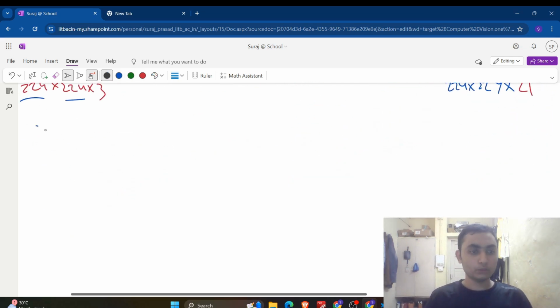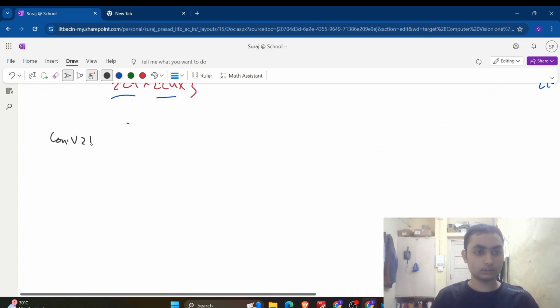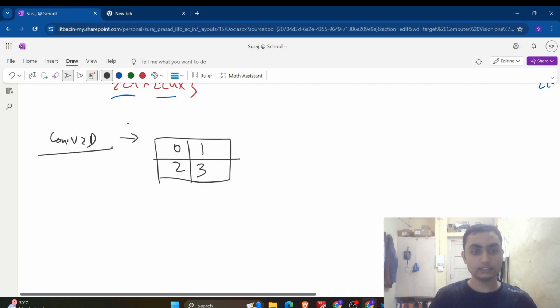If you don't know what convolution transpose is, this is an exercise; otherwise, you can skip it. Suppose you have a matrix 0 1 2 3, and a filter of size 2 by 2, 1 1 5 6, and instead of convolution you apply convolution transpose.